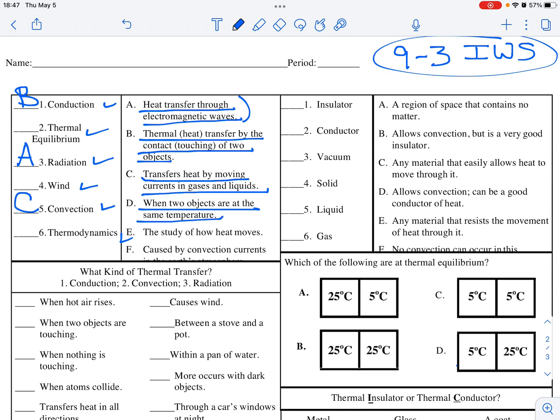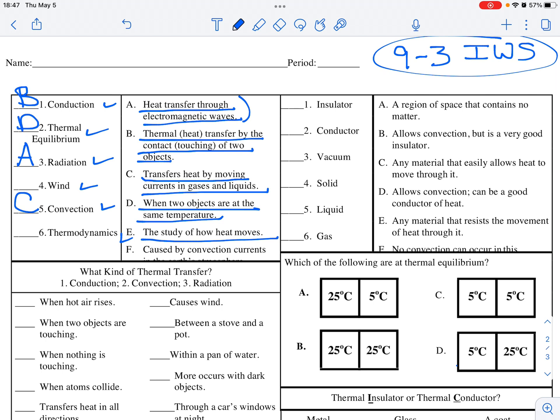What is the term that defines when 2 objects are at the same temperature? If your teacher wants to point at those to respond, that is perfectly fine, whatever you want to do. This will be thermal equilibrium.